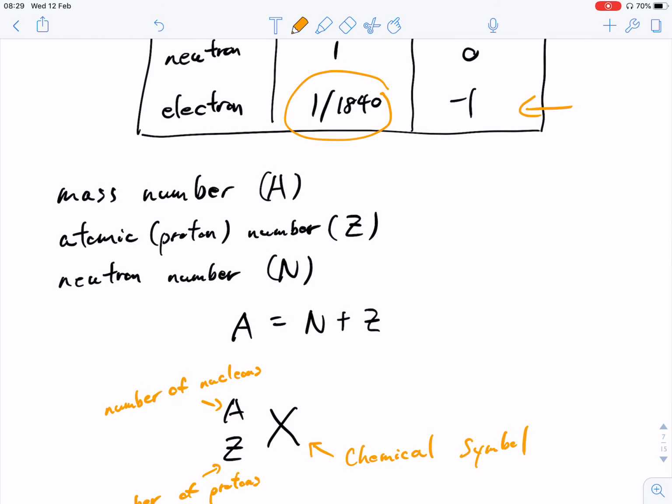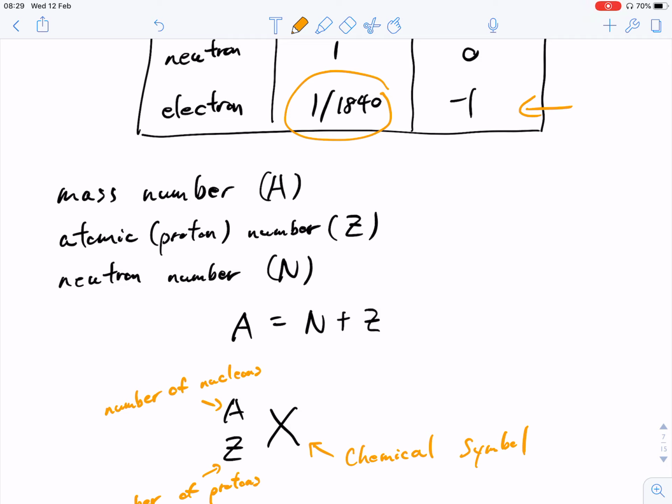So moving on, a few letters that you will see us use quite a bit. A represents the atomic mass number, so the total mass of the nucleus, or generally the entire mass of the atom itself, because the electrons almost weigh nothing.